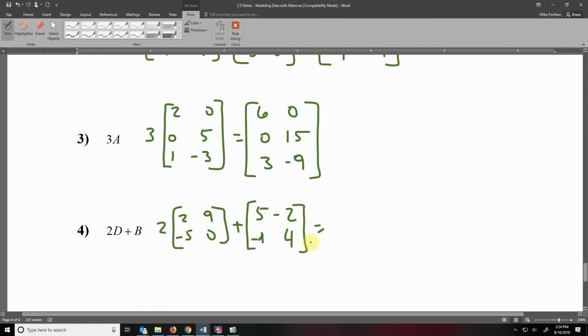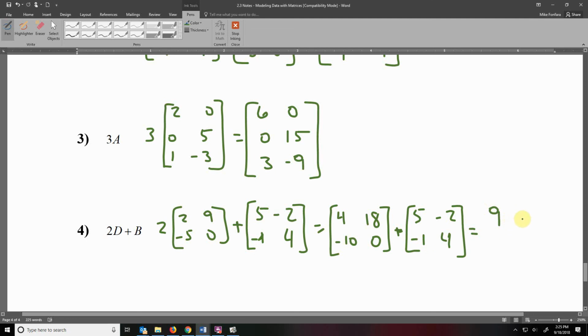Okay, so first we're going to have to do 2 times matrix D. So that's 4, 18, -10, 0, plus 5, -2, -1, 4. And now we can add our corresponding elements. 4 plus 5, 18 plus -2, -10 plus -1, and 0 plus 4.